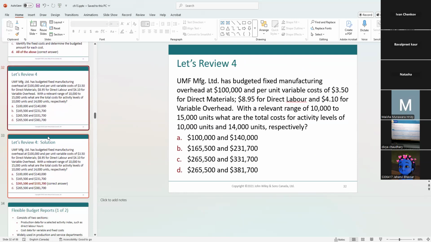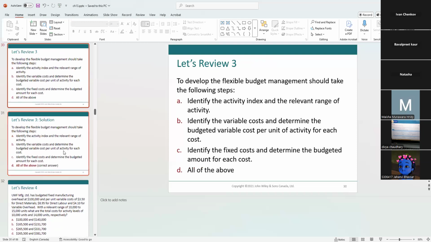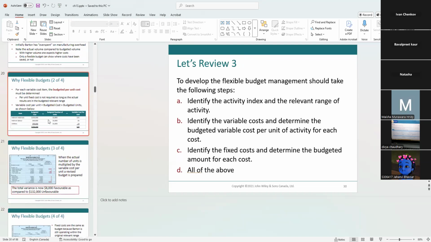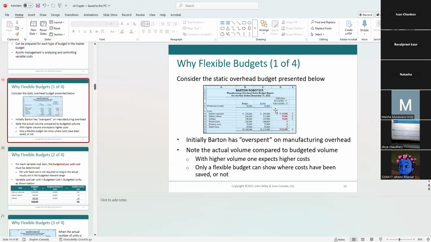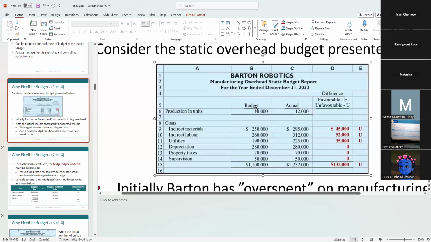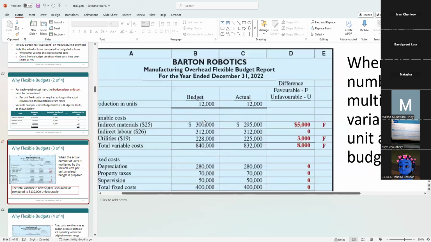The best way for you to practice will be this example here. Know how to move from the 10,000 budget into the 12,000 budget, and then compare with the actual.